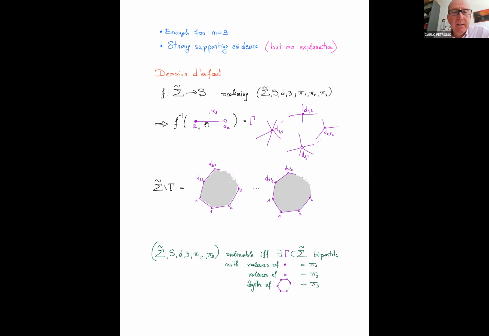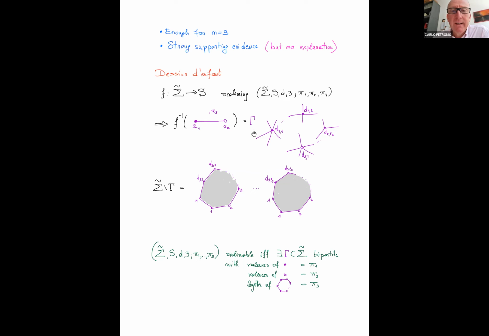If you take a segment that joins the first branching point corresponding to pi1 to the second branching point corresponding to pi2, and avoiding the third branching point, and you lift it through F, then you find L1 many copies of the black vertex, where L1 is the length of pi1. So you find a graph with valences of the black vertices corresponding to the entries of the partition pi1, and same for white.